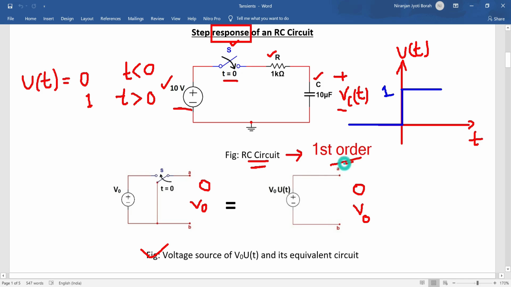This differential equation needs to be solved by the variable separation method to obtain the final result. Rather than going through this long process, we will follow a systematic approach, or rather a shortcut method, for finding the step response of an RC circuit.